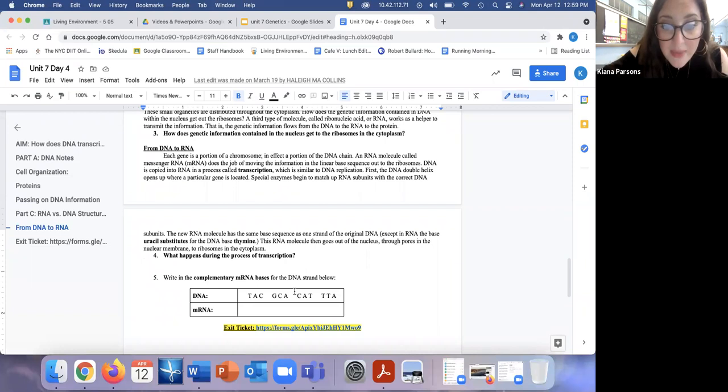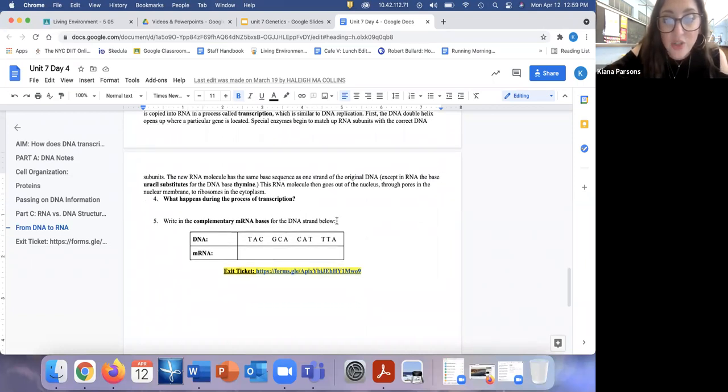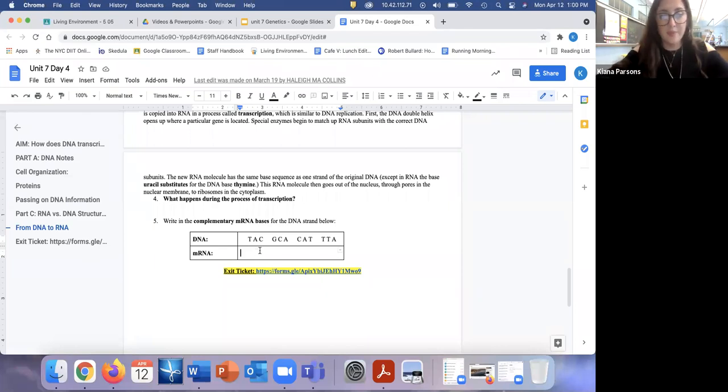Now we're going to write in the complementary mRNA bases for the DNA strand below. So the DNA, A, U, G, C, G, U, G, T, excuse me, G, U, A, U. Beautiful.